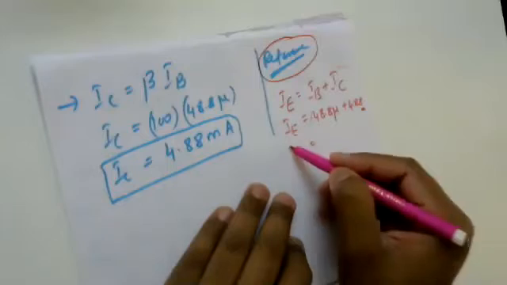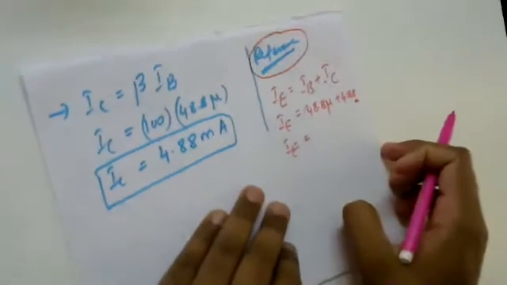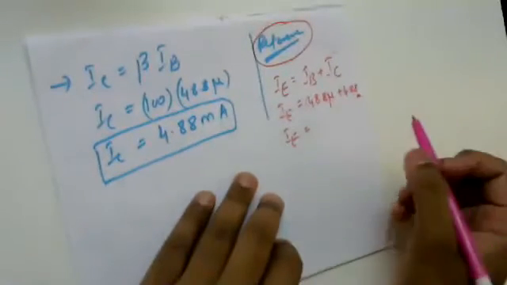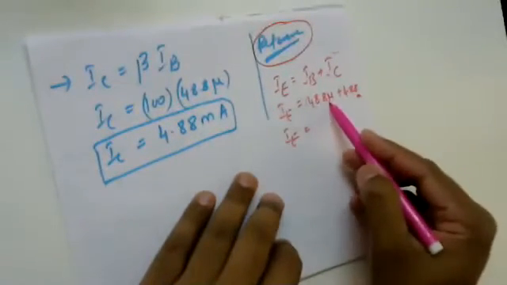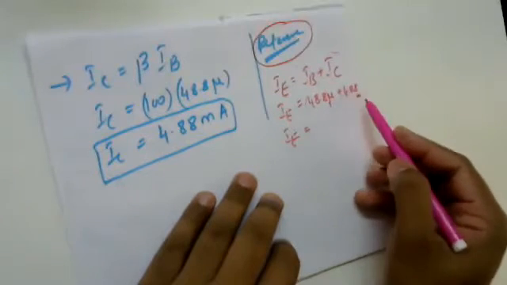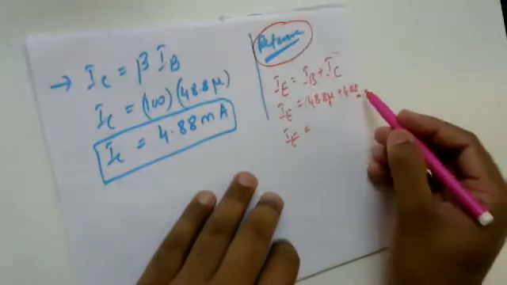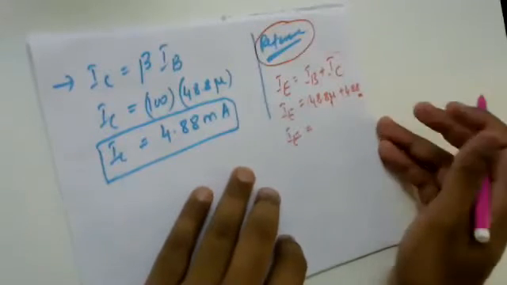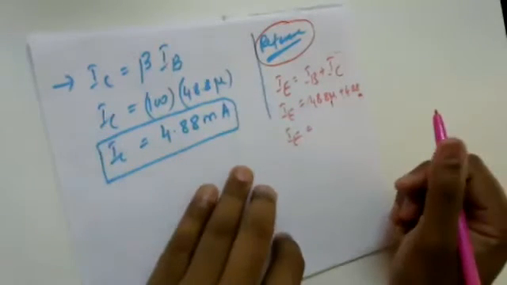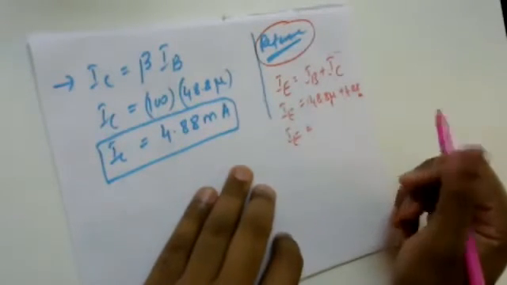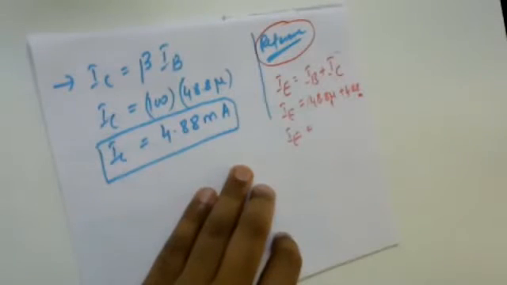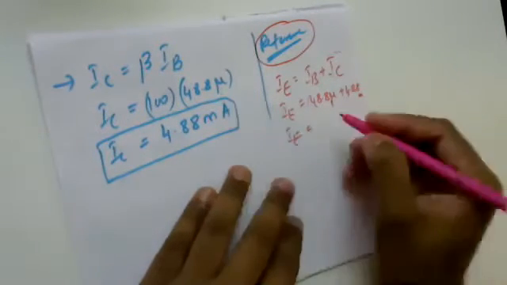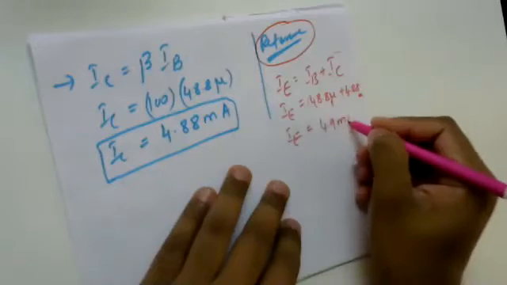What's the value of IE? This is 48.8 microamps plus 4.88 milliamps. So I'll be able to get something like 4.9 milliamps, right, Archana? Yes.